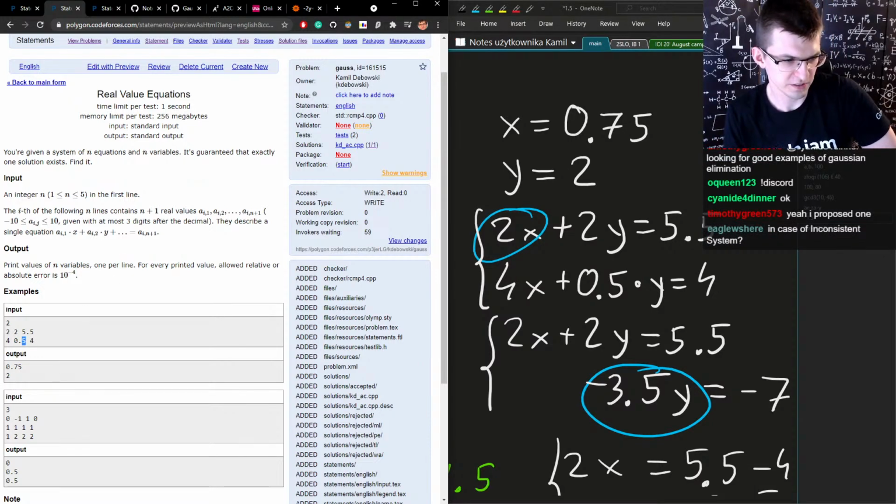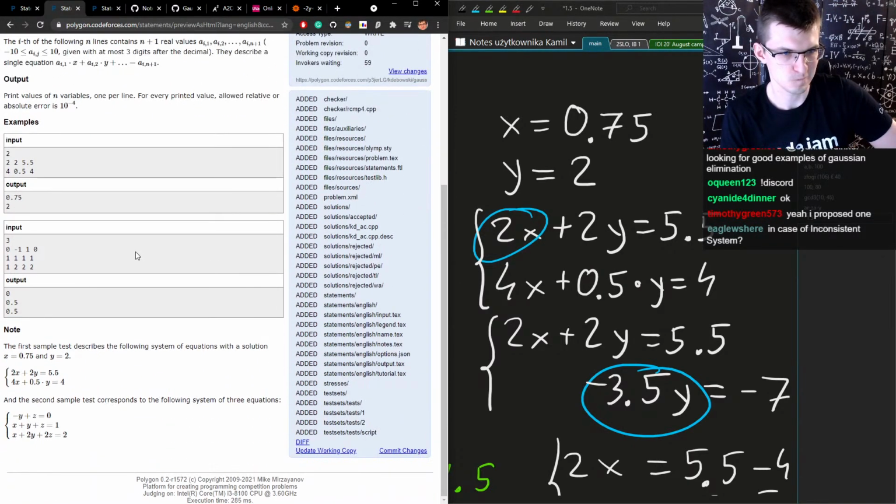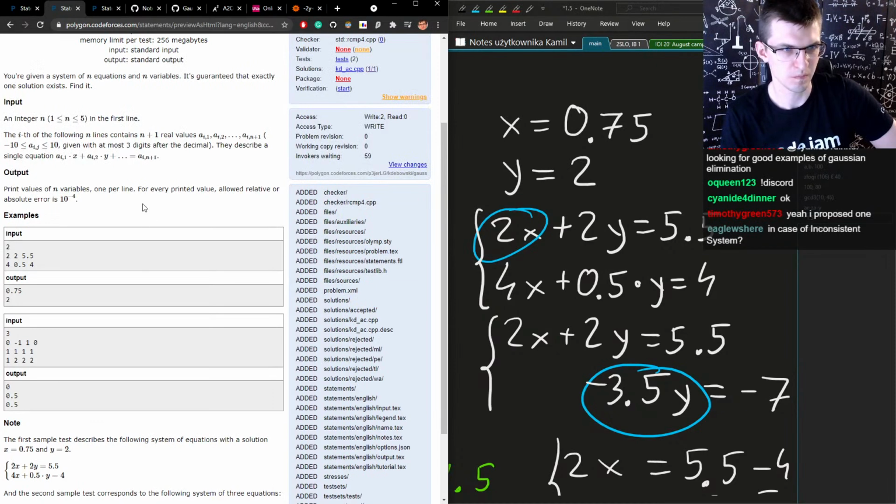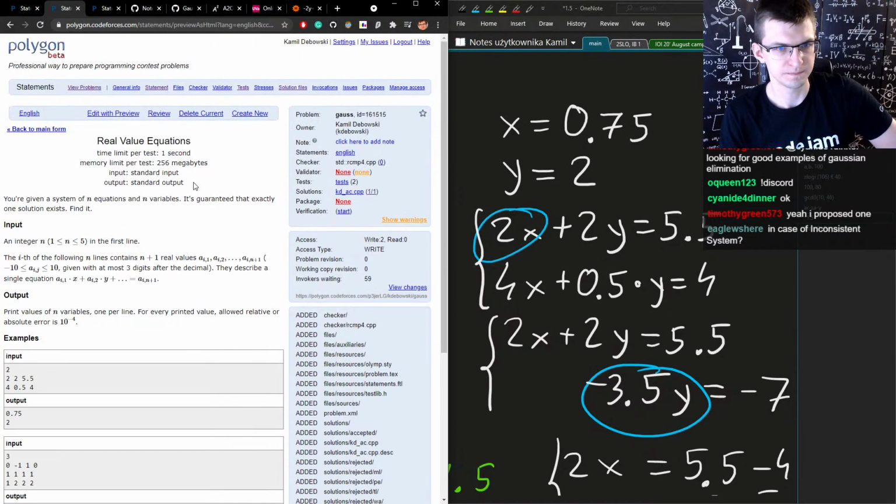In case of an inconsistent system, I don't understand the question. But in this problem, we assume that there is exactly one solution. I think that's it. Maybe let's think about the wording of this.